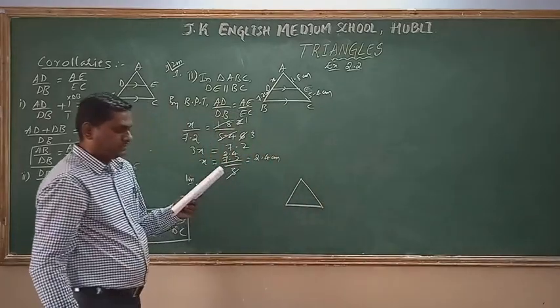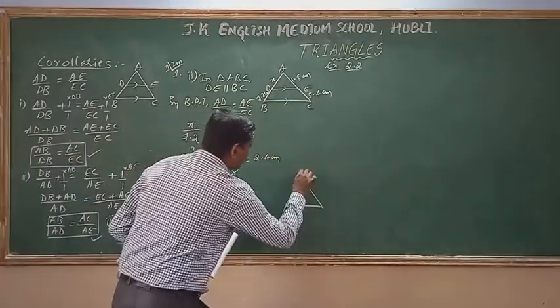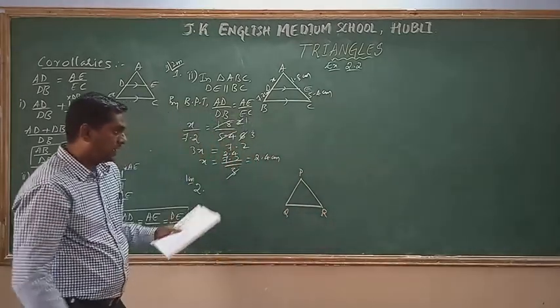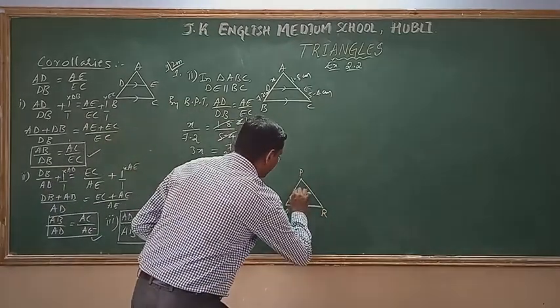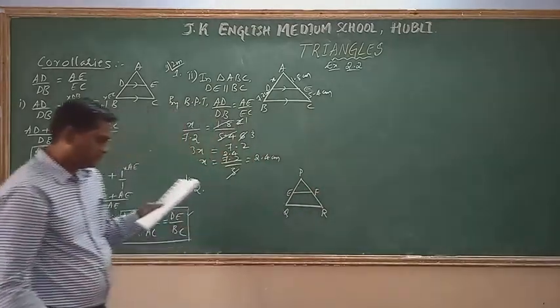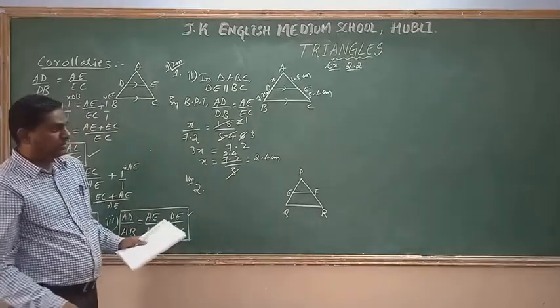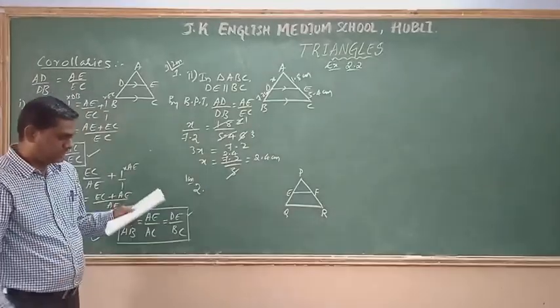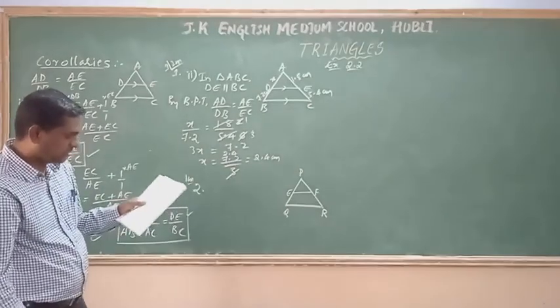They have given angles P, Q and R. So here EF is a line given. We need to check whether it is parallel or not.